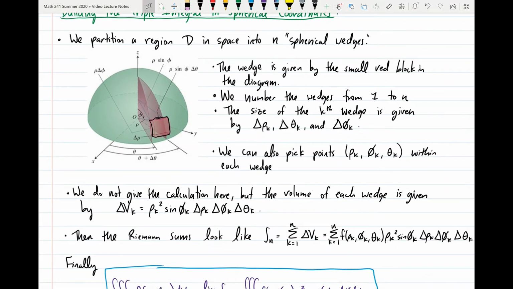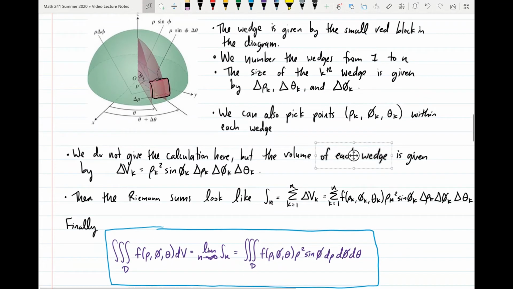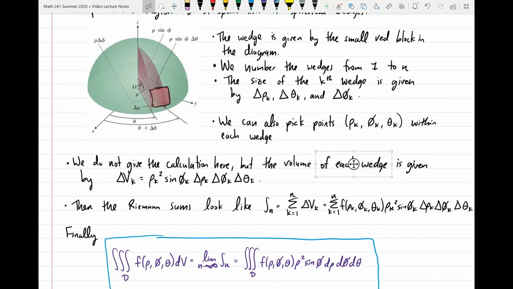And we can number all of these wedges from 1 to n inside of our partition, and the size of all of the wedges is going to be given by the change in rho for the wedge, the change in theta for the wedge, and the change in phi for the wedge, as you would probably expect. And we can also pick points, rho sub k, phi sub k, and theta sub k within each of the n wedges.